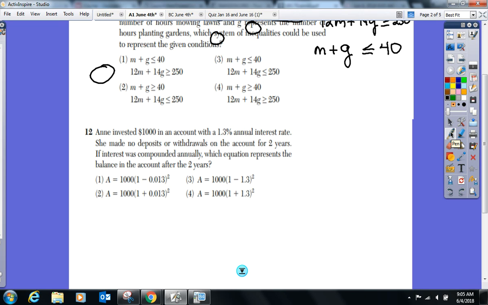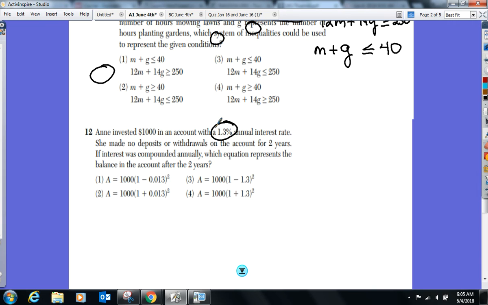Okay, and invested 1,000. That really is not going to make any difference because you look at the multiple choices, they're all 1,000. And interest rate, 1.3%. No deposits, 2 years. The 2 doesn't make a difference because they're all exponents of 2. Which one represents it? Is this growing or decaying? Okay, so automatically I can at least get rid of those 2 bad boys.